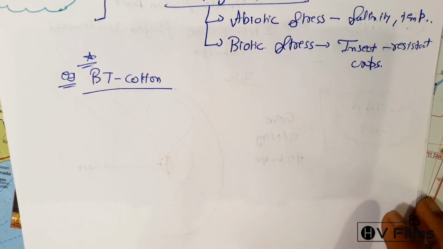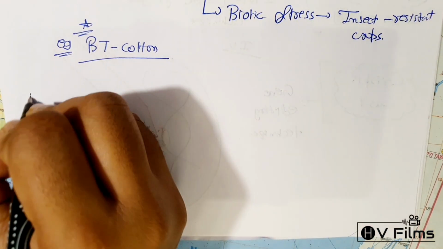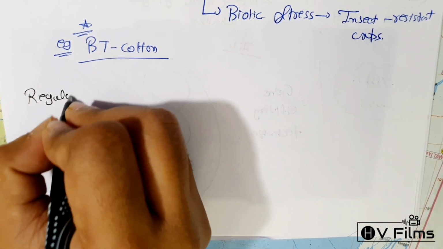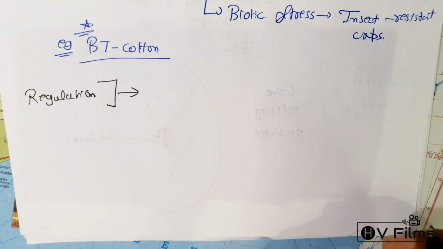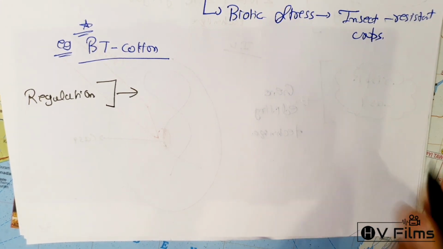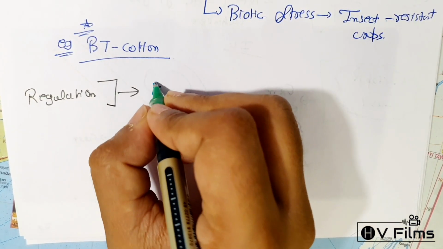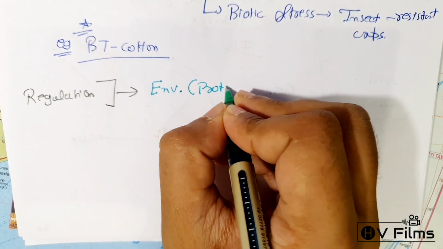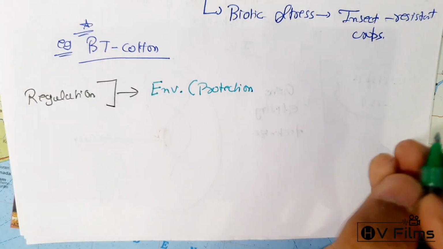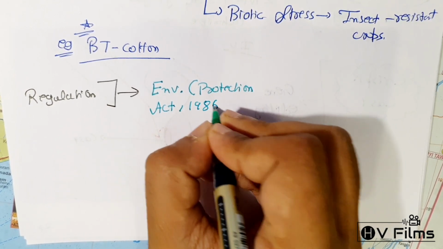Now, there are a few regulations of the GMO in India. Genetically modified organisms, the GMO, and the products are regulated under the Environment Protection Act 1986.